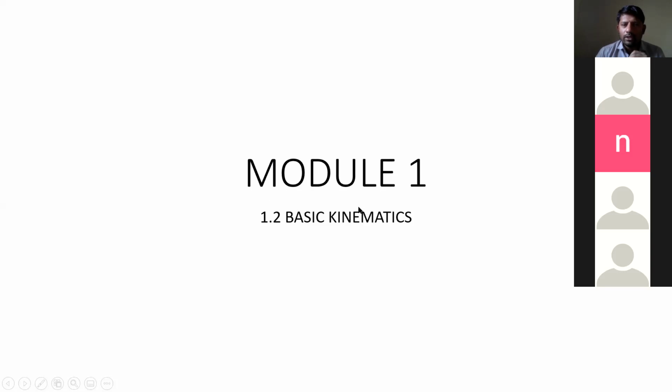We will start with the second part of module 1, which is based on basics of machines or basics of mechanism. We will come to that part later. This part of the module is titled basic kinematics.